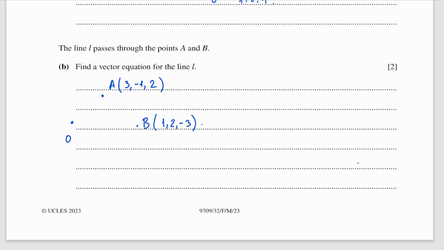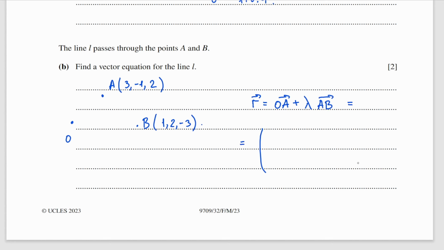Okay, in the next question we will have to find the equation of the line that goes through points A and B. And for that we'll first have to get on a line, and we could use any of the vectors OA or AB. I will use OA plus some number, I will call it lambda, multiplied by the direction vector of this line, I will call it AB.